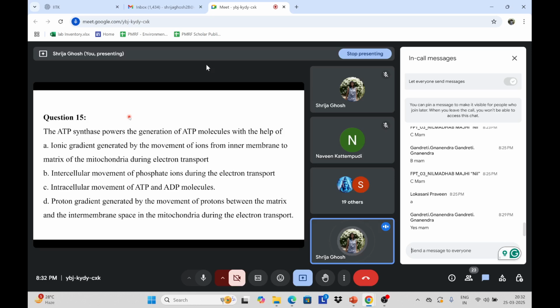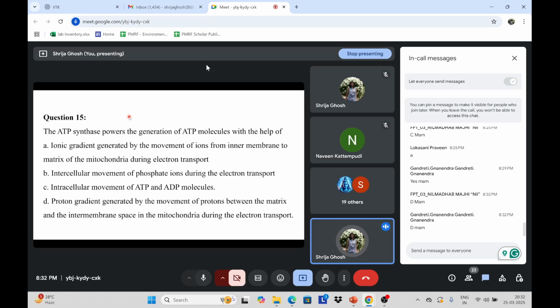Nobody wants to answer. What is the thing that was moving across the membrane because of which ATP was getting synthesized? I have one answer in the chat box. Out of 20 people, only 2 answers are there in the chat box.